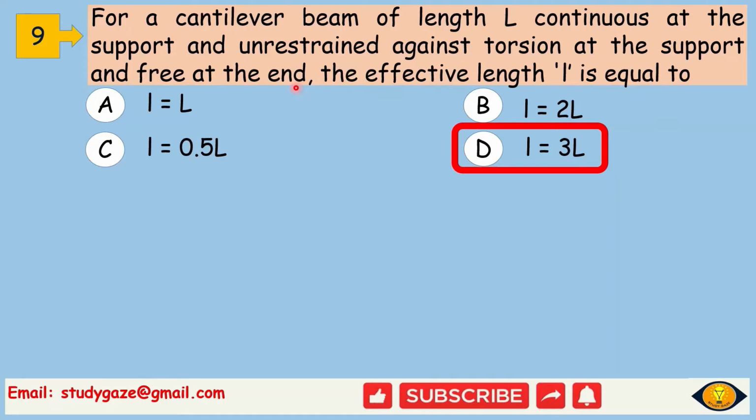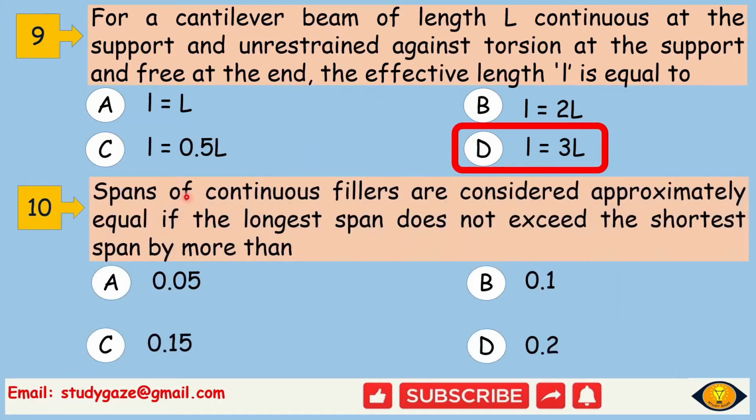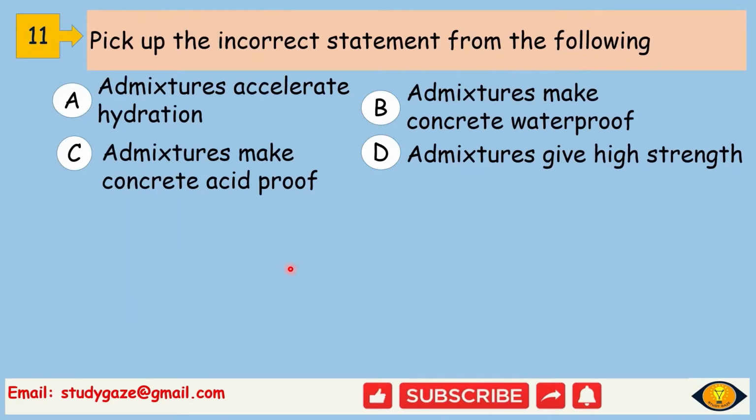Next, spans of continuous girders are considered approximately equal if the longest span does not exceed the shortest span by more than. The correct option is 0.15. Next, pick up the incorrect statement from the following.